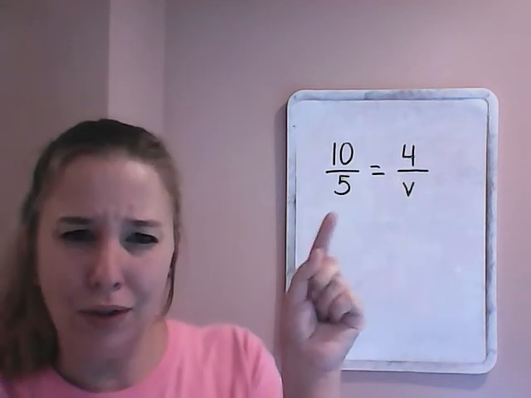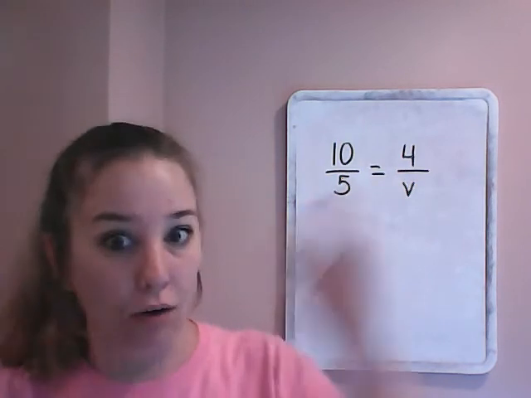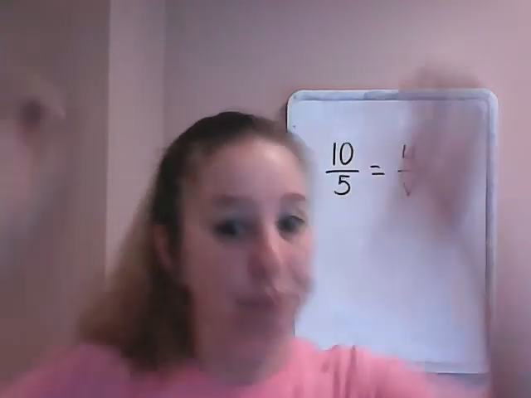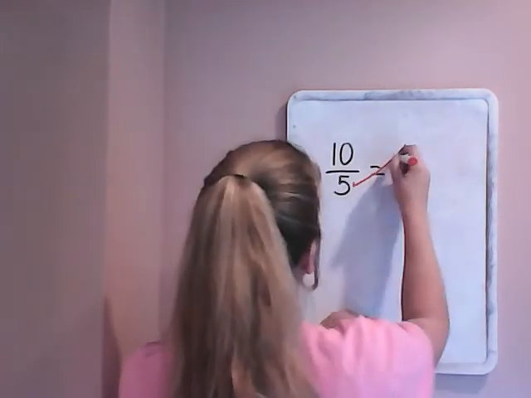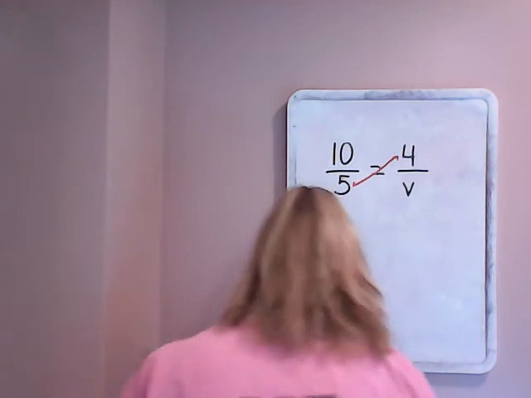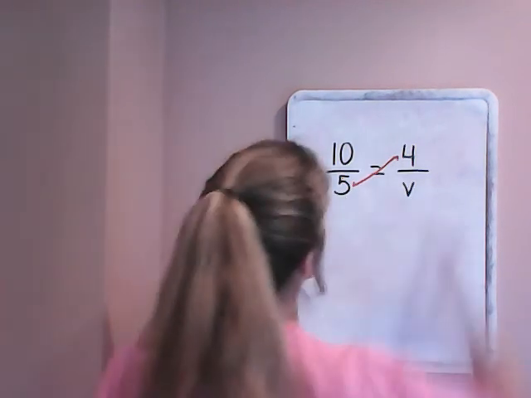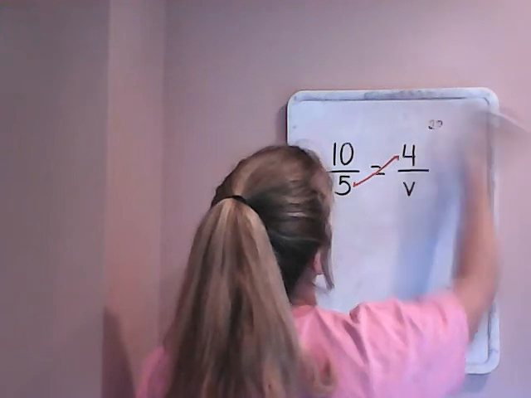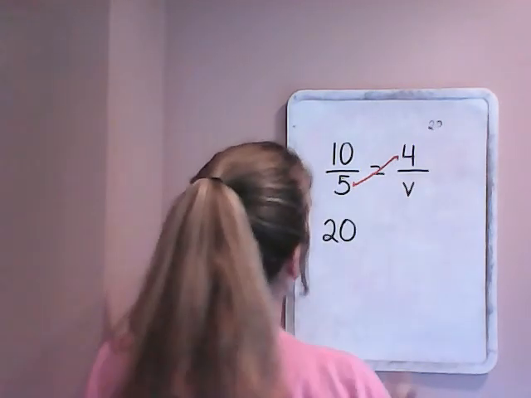So we are still going to use that cross multiplication, but we know that when we cross multiply, we're going to have equal values because we know it's equal. So 5 times 4 is 20, right? So last time I was writing it up here. You can do that if that helps, but I'm going to put it down here because we're going to work further with it. So that's 20.